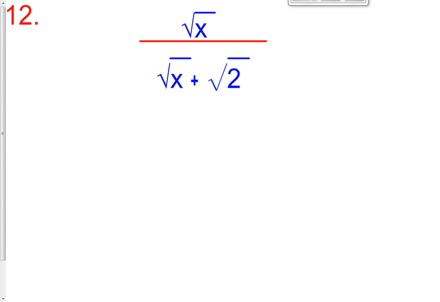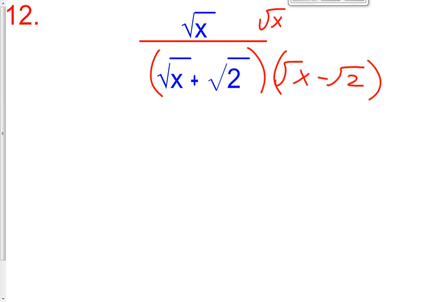Okay, problem number 12. Multiply by the conjugate. So square root x minus the square root of 2. If you do that to the bottom, you must do that to the top. Square root x minus square root 2. In the denominator, first times the first is square root x times square root x is x.